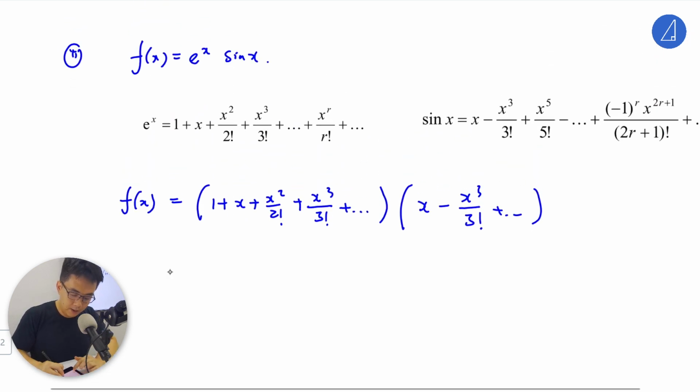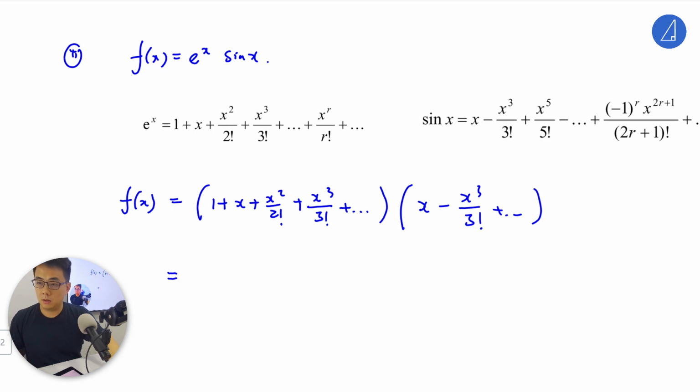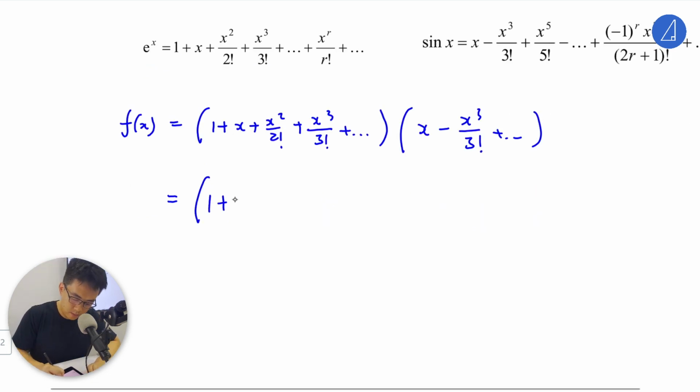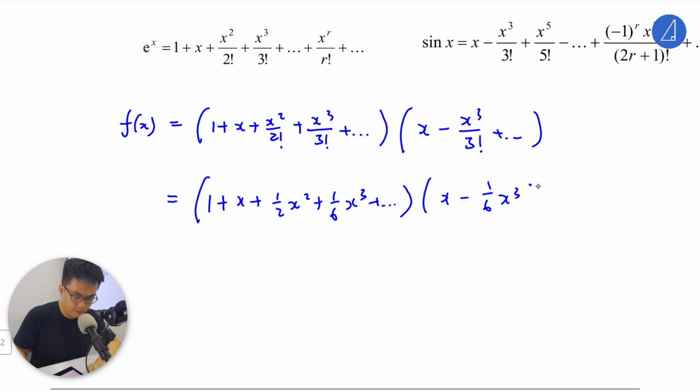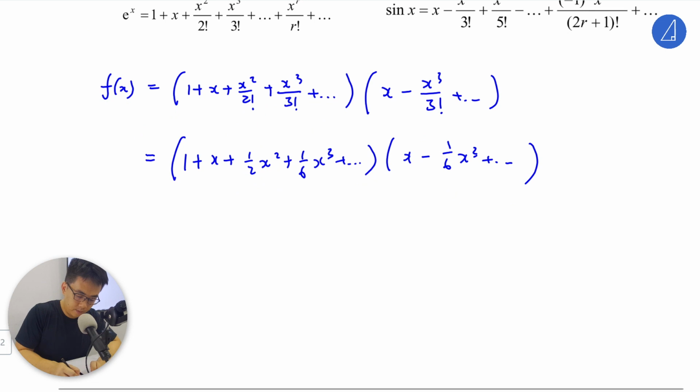So in this case, half x squared plus 1 over 6 x cubed. x minus 1 over 6 x cubed. So for this expansion, I would suggest just align them.